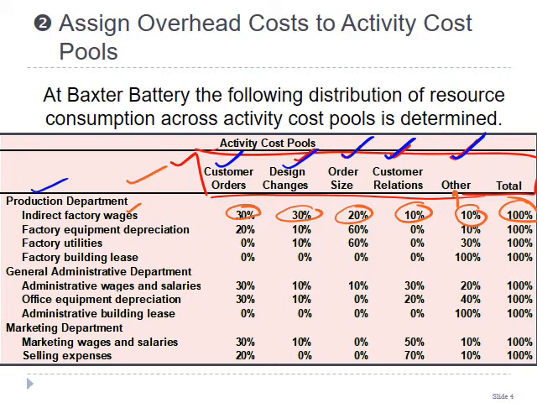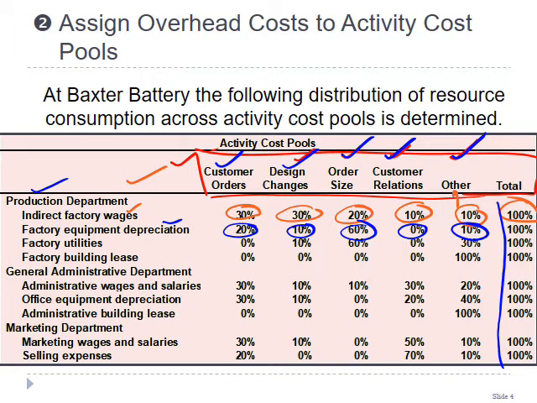Similarly, among the production department, when the team interviews the production department employees, they find out that the factory equipment depreciation, 20% belongs to customer order, 10% belongs to design change, 60% belongs to order size, 0% belongs to customer relations, and the rest, 10%, belongs to other. Are you noticing that the total is always 100%? What does it mean?